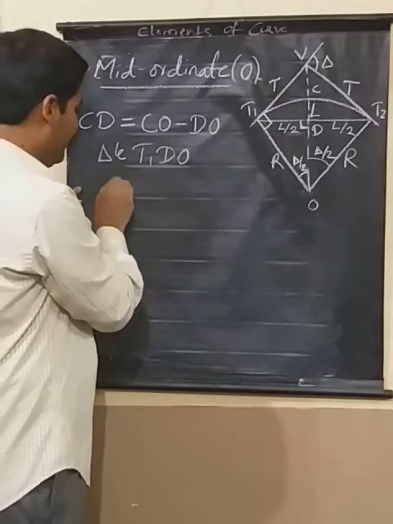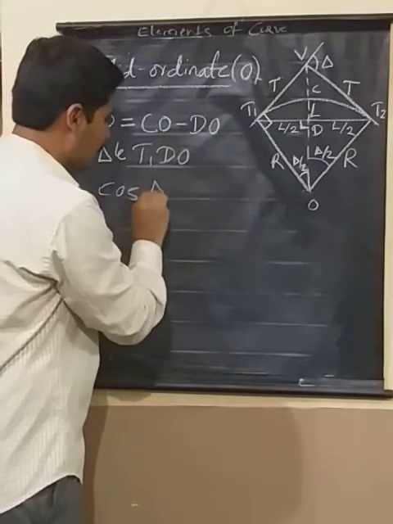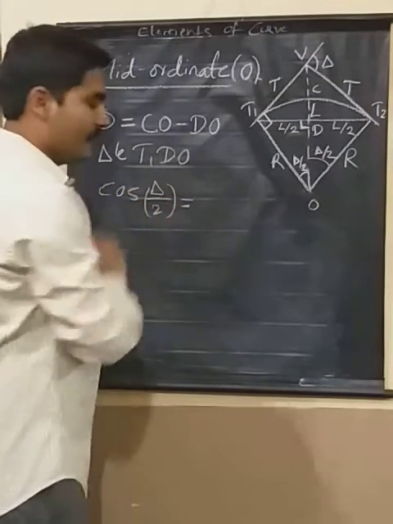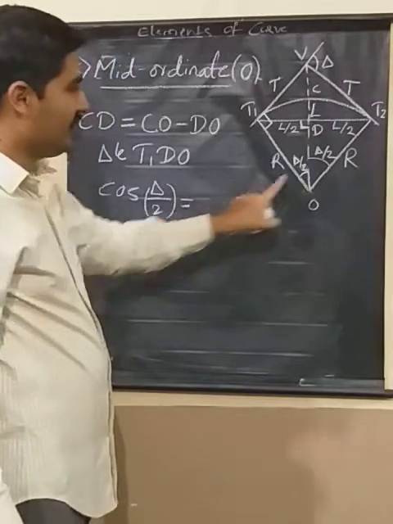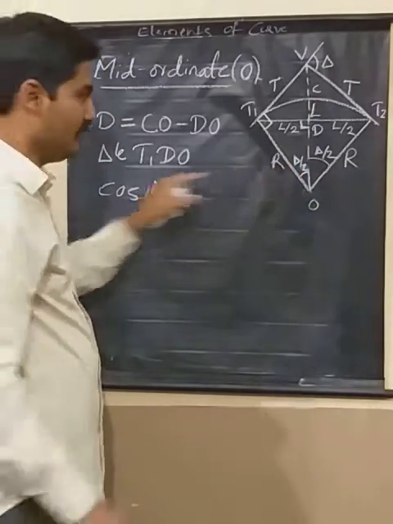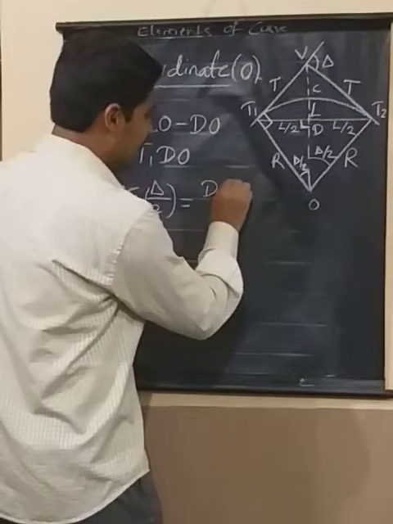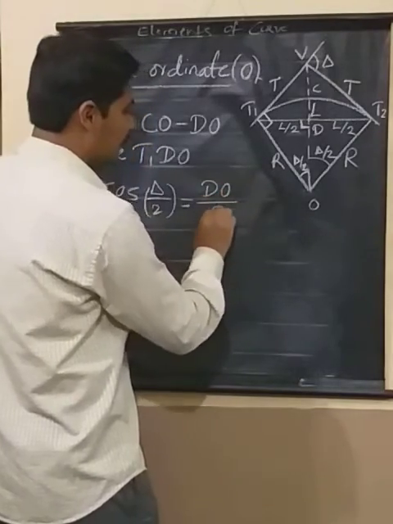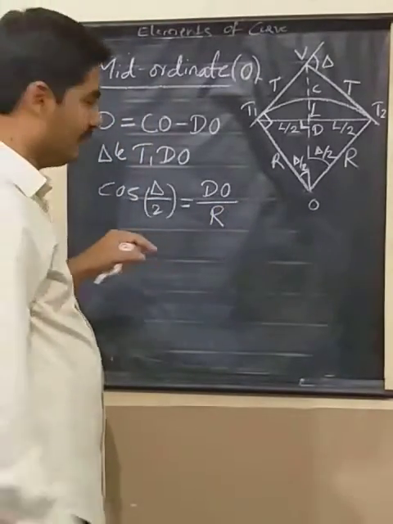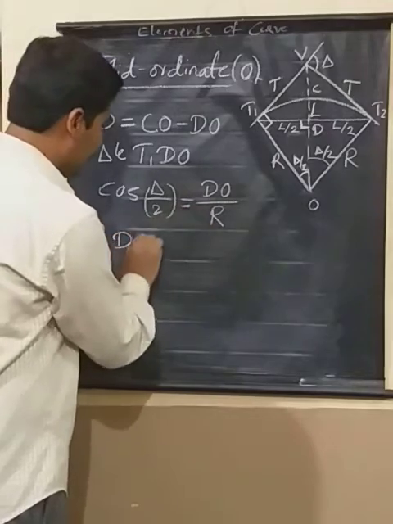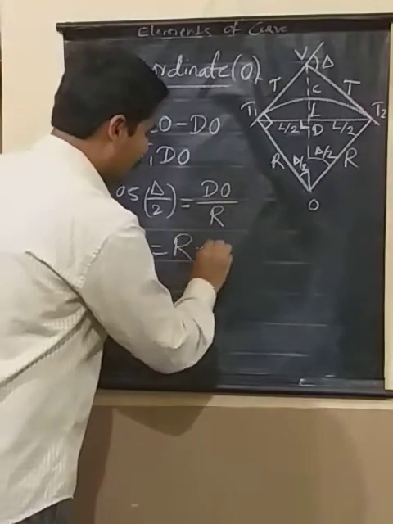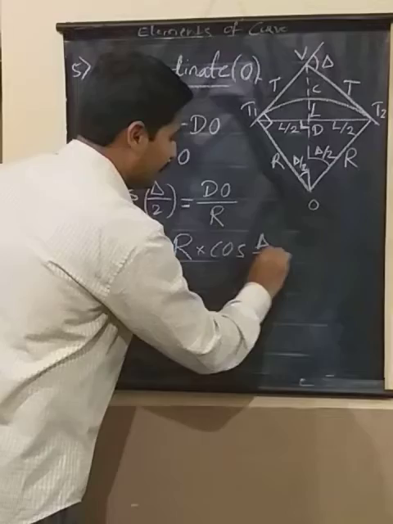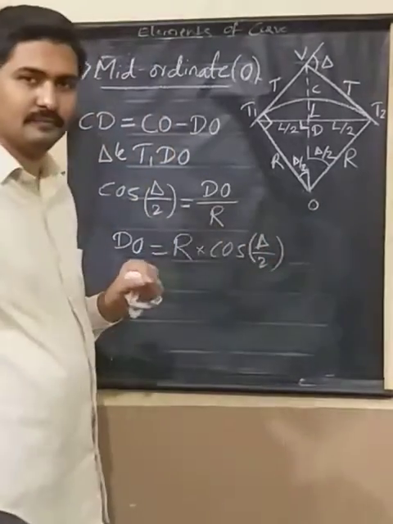So in this triangle, if I have to write cos delta by 2, cos means adjacent divided by hypotenuse. Adjacent side is DO, hypotenuse is R, isn't it? So if I want DO, it will be R cos delta by 2. Clear?